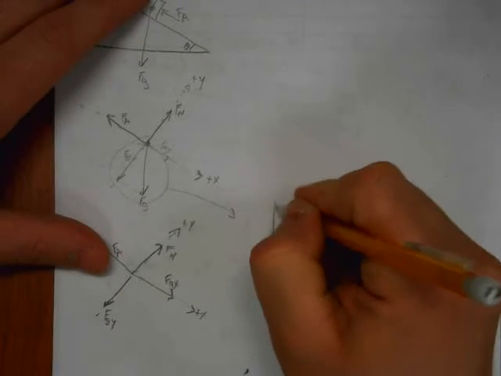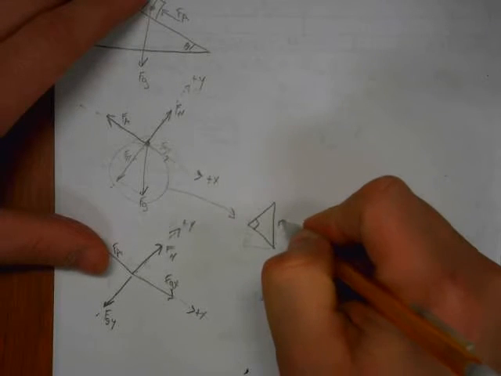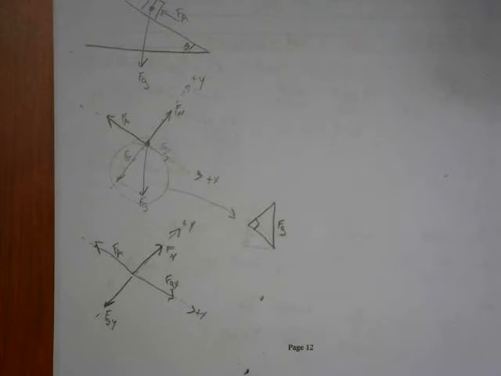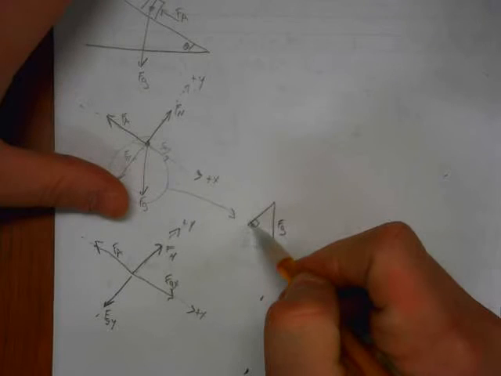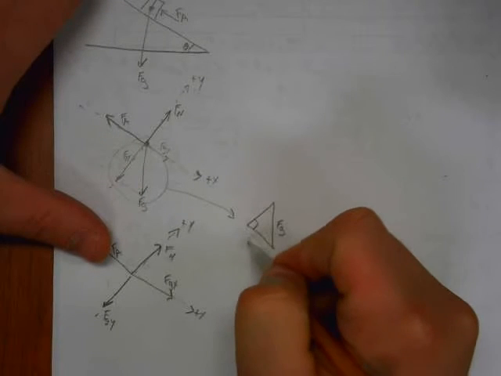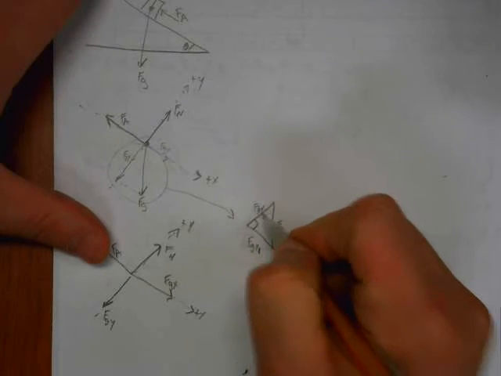So like I said, it's just a right triangle, and keep in mind that the overall vector that we're trying to break down, that's always going to be the hypotenuse. And we're breaking it down into parallel and perpendicular components along the x and y axes, which make up the two legs of the triangle. So this is FGX, and this is FGY.